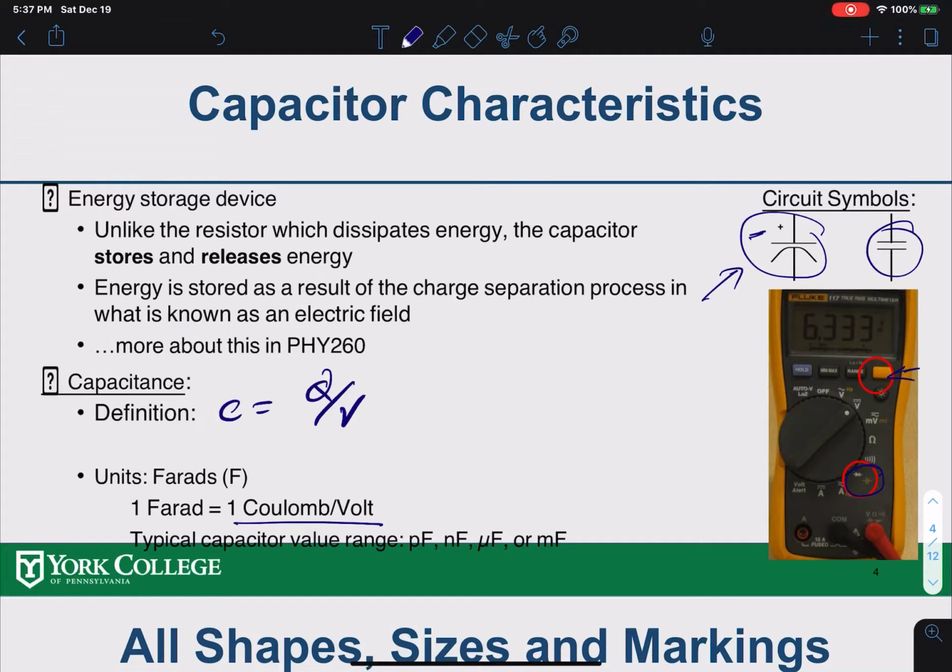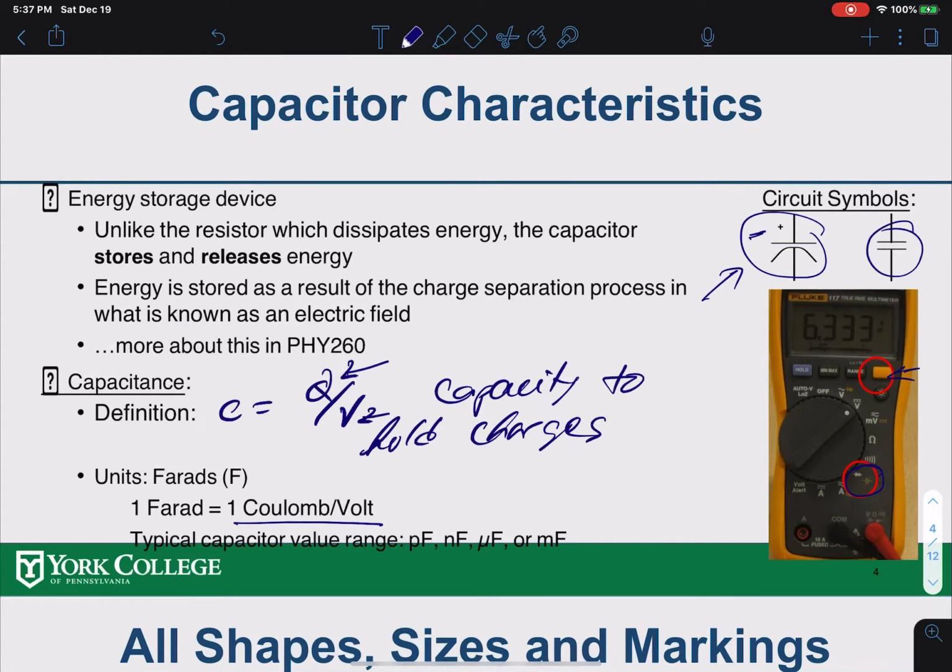So how much charge you can hold per unit volt, right? So that is the capacitance.